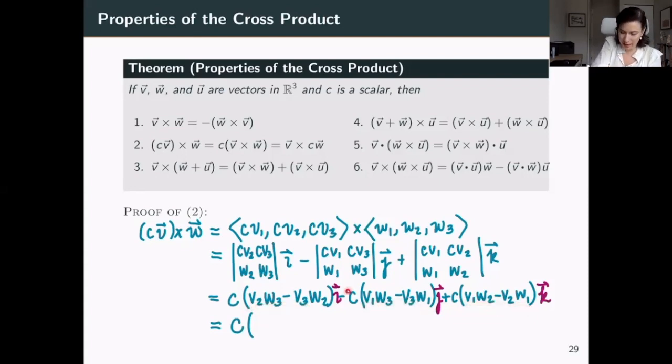We even have that negative that we need for the second component of the cross product. Thus, we have that this long expression is equal to V crossed with W.